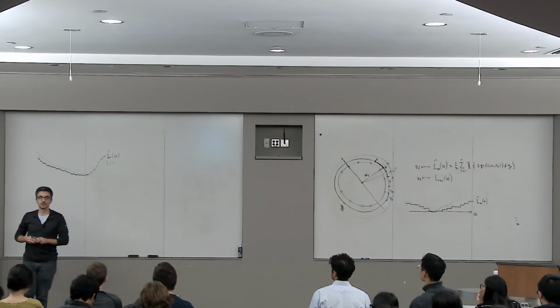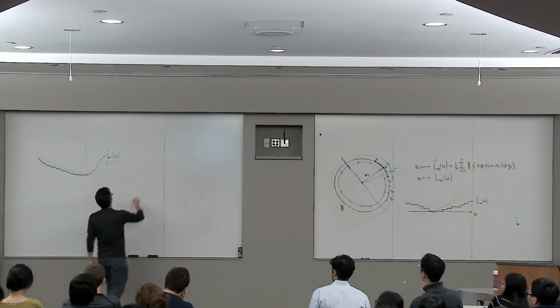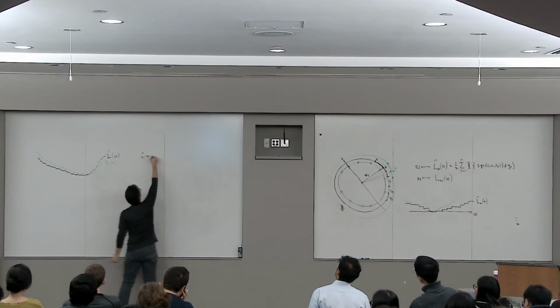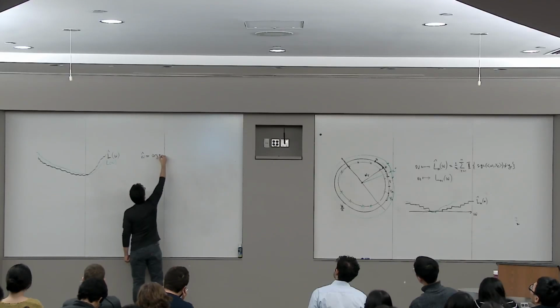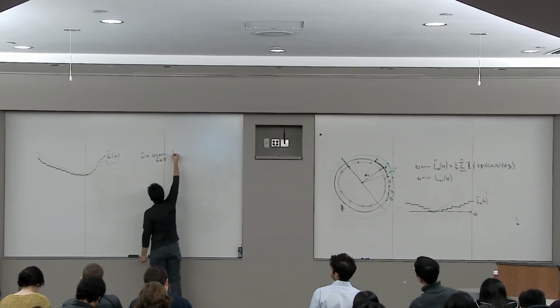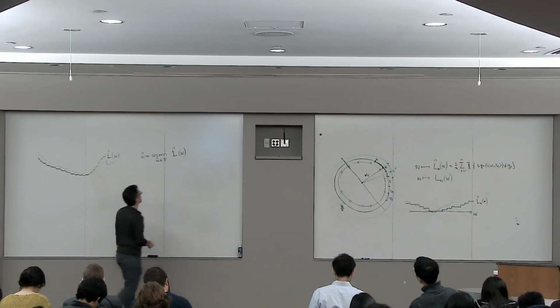Right? What I'm doing is empirical risk minimization. So W hat is going to be argmin over some W in F of L hat of W, right? This is empirical risk minimization.